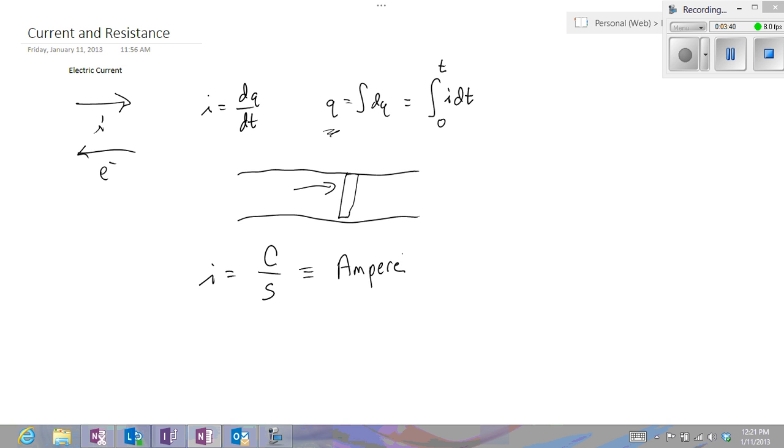So 1 ampere represents a charge flow of 1 coulomb per second. 1 ampere is not necessarily an unreasonable amount of current. Typical household circuits are rated at, say, 15 or 20 amps, so a flow of 1 or 2 amps is not unheard of. Unlike in a static charge situation, where a static charge of 1 coulomb is extremely large.